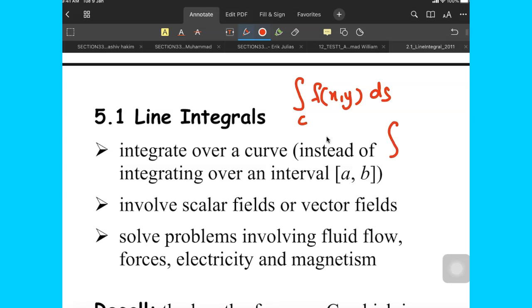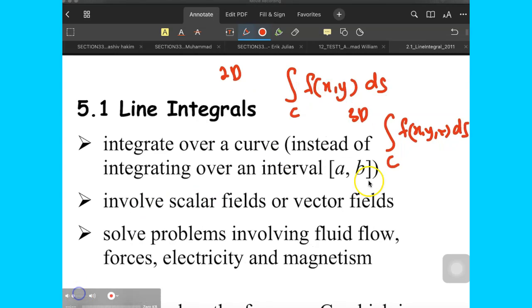So this is a 2D system, but in a 3D system, we have f(x, y, z) with respect to the arc length over the curve C. Inside the line integral, in general, we can have a scalar field, and also we can have a vector field. So you can have two kinds of function, scalar field or vector field.